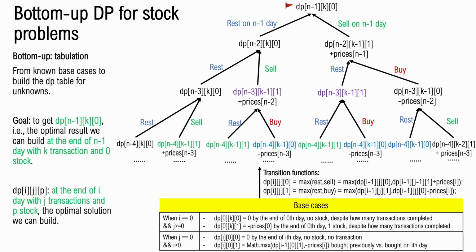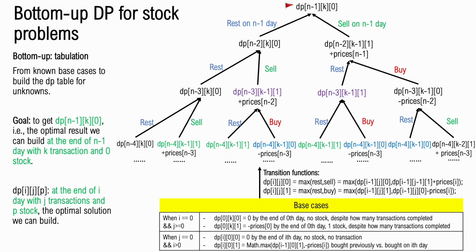Now let's take a look at the bottom-up dynamic programming for stock problems. Again, we have almost the identical recurrent tree, even though in the bottom-up approach we will not use the recurrence, and we will directly build from the base cases to get the final optimal solution. But just from this recurrent tree, you can see that the final optimal solution can be built by the optimal solutions of the subproblems, attribute number 1. And then we have attribute number 2.